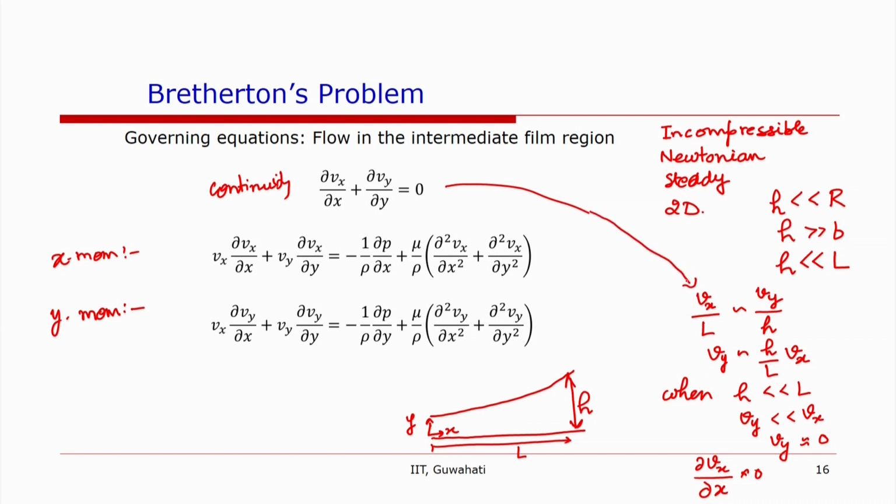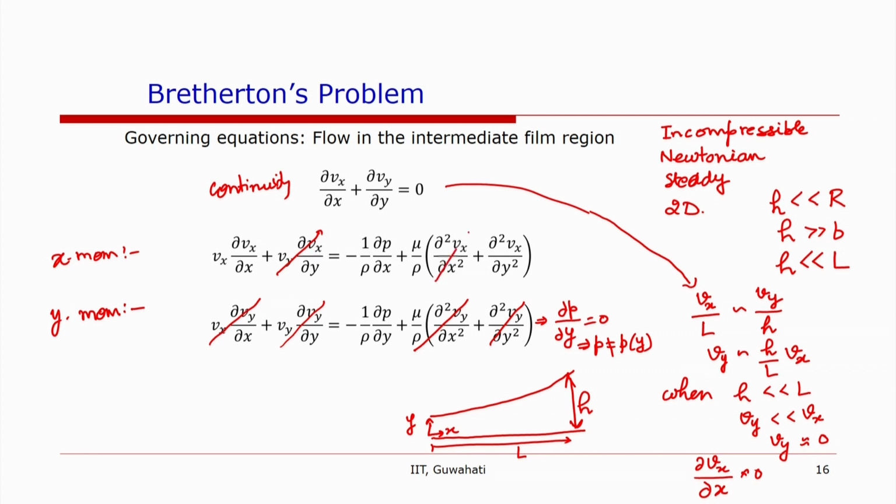Now let us look at the y momentum equation. This term will be 0 because Vy is 0, all this is going to be 0. The only thing that we get from here is del p over del y is equal to 0. That means p is not a function of y, only a function of x. In the x momentum equation, this term is 0 because Vy is equal to 0.